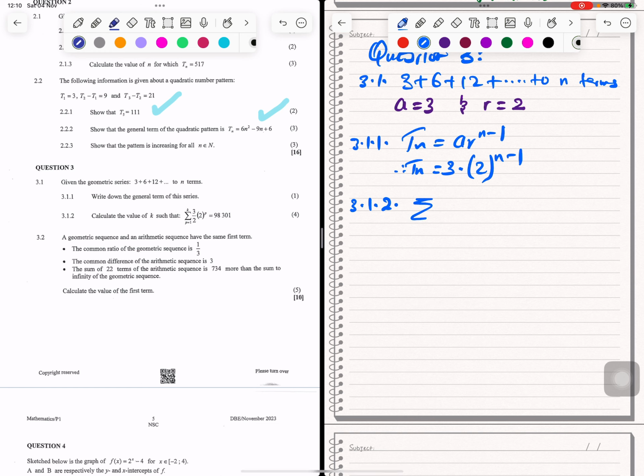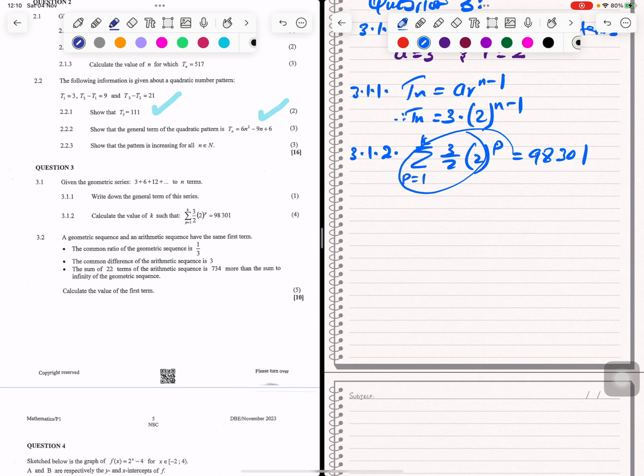So the sum from the index of 1 to k of 3 over 2, you have a ratio of 2 there to the power p, equals 98301. What it means is when you find the sum of these up until the kth term, it's going to give you 98,301.